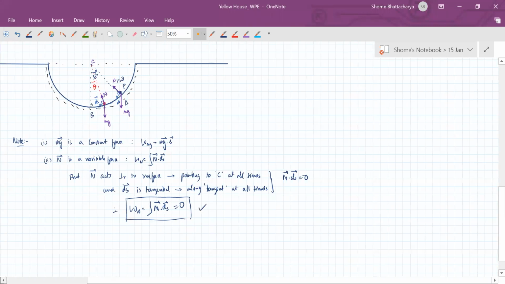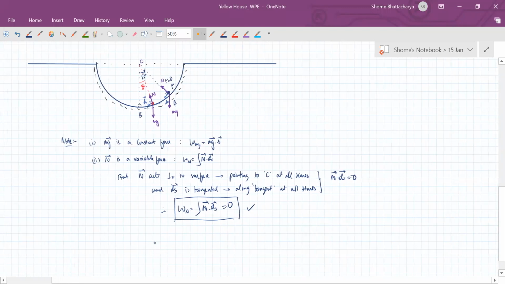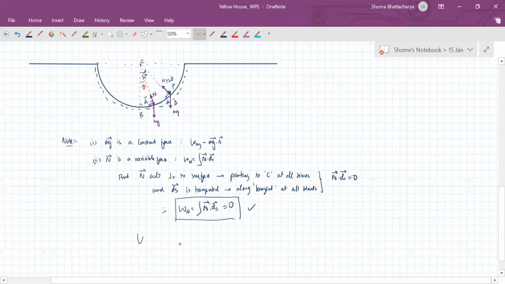Now, as far as work done by gravity is concerned, we have to just work out this dot product mg dot s. So you have to figure out this displacement and the vertical gravitational force's dot product. So the displacement will be this vector as the particle moves from here to here.